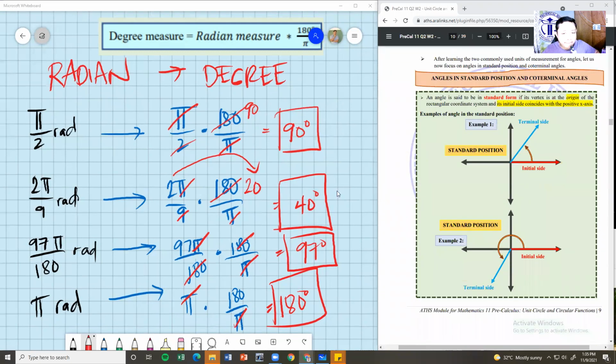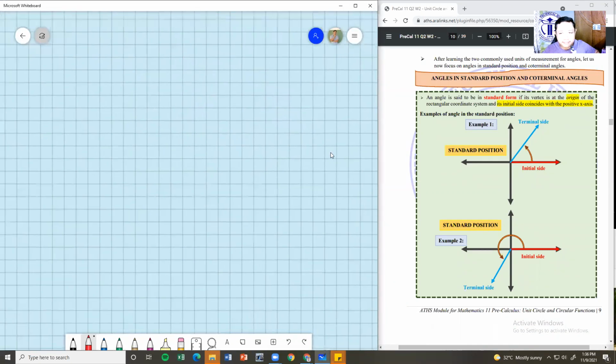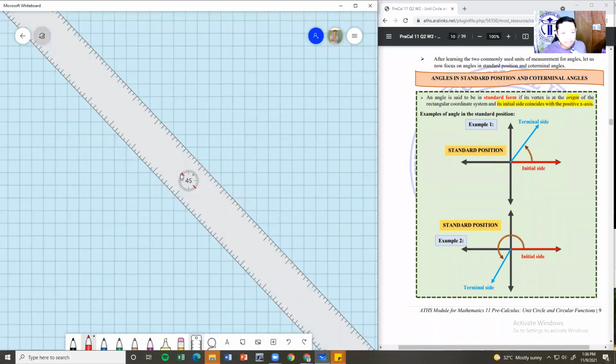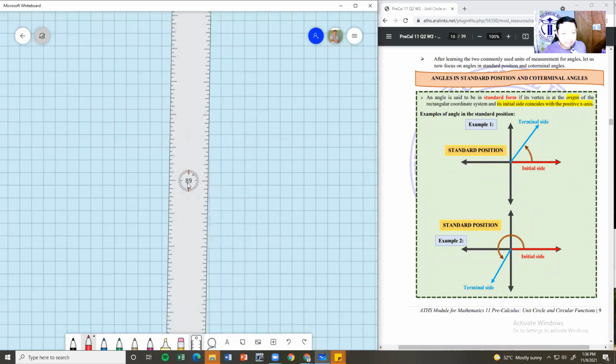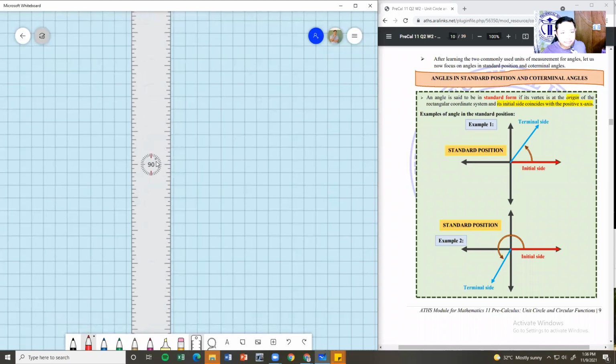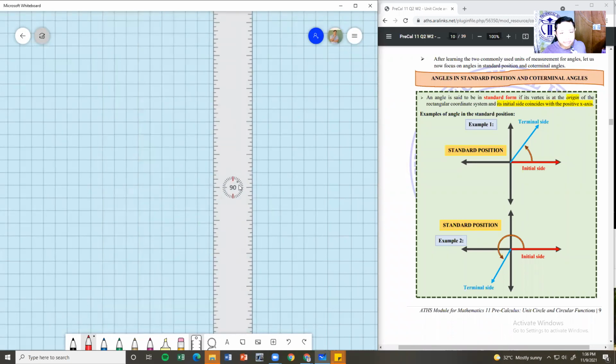Okay. Let's now move on. Ready? With the angles in standard position and coterminal angles. This is very easy. Let's move on. Ready? With this one. Okay. Let me just draw a Cartesian plane, the X and Y axis here. I'll draw 2.